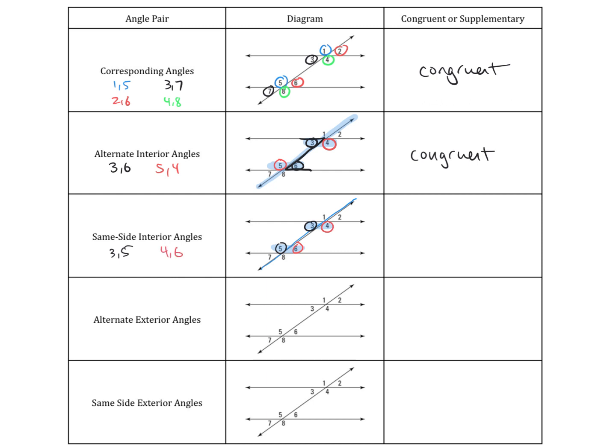And this time, if I look at angles 3 and 5, they don't look the same. Angle 3 is an acute angle. Angle 5 is an obtuse angle. So they're not congruent this time. They're going to be supplementary, meaning they add to 180 degrees.